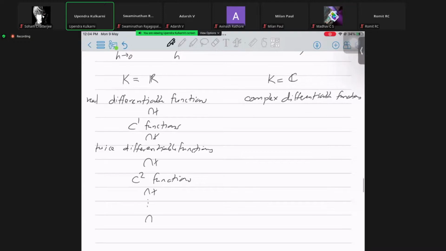Until I finally get smooth functions, which is C infinity. That is infinitely differentiable. And then of course, every derivative also has to be continuous. All right, so everywhere I have a strict inequality.